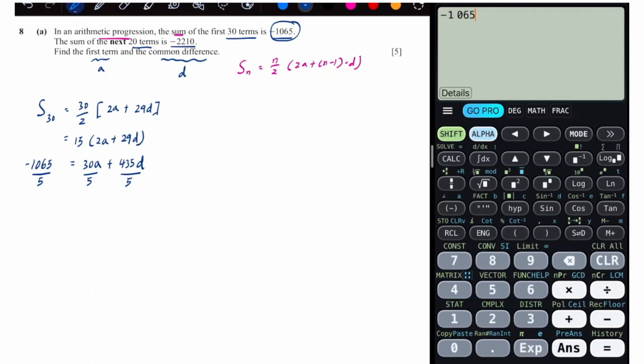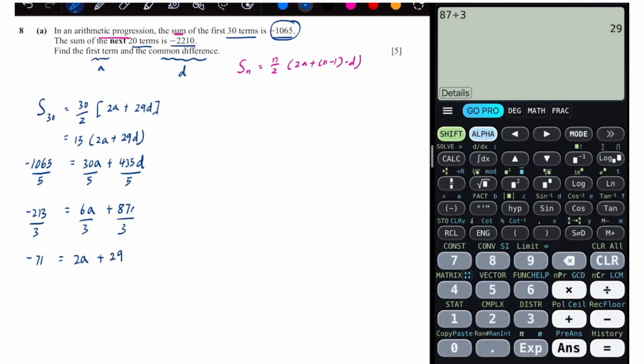So that would be negative 213, 6a, and 435 divided by 5 is 87d. Let me check. I guess the whole thing can still be divided by 3 to make it even smaller. So that's going to be negative 71, 2a plus 87 divided by 3, that's going to be 29d. Okay, so that's going to be our first equation, so we just leave it be.